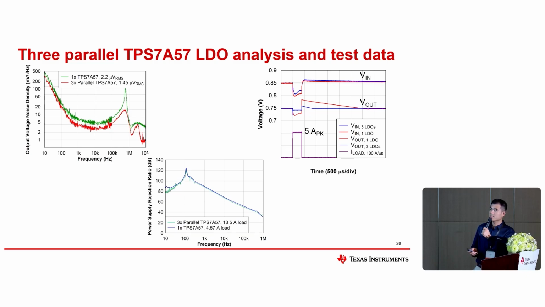But for the PSRR, there is no great impact, even using parallel LDOs. But for the transient, it can improve a lot, from this plot you need to care about here.